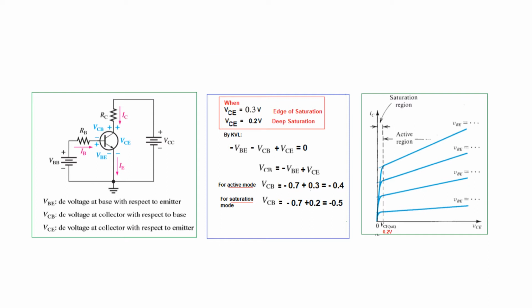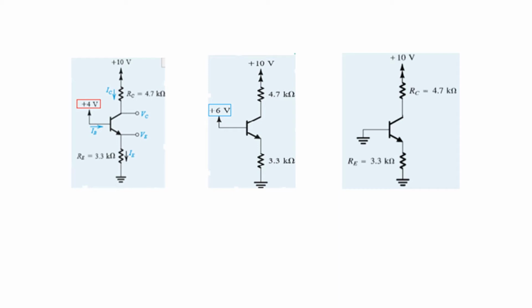Okay, now in this lecture we'll take three cases. This is the first one. Here the base voltage is positive 4 volt. Then the same circuit we'll repeat. This is with base voltage positive 6 volt, and the same circuit again with the base voltage 0 volt or grounded.